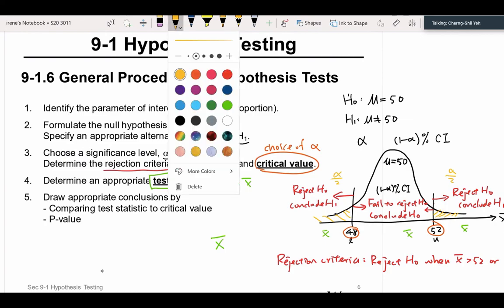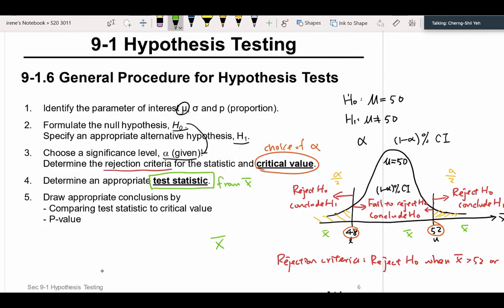Okay, let's look at the green. What happens if my X bar is located outside the confidence area? That means my X bar also has a probability under this bell curve line. So this green area is my p-value.